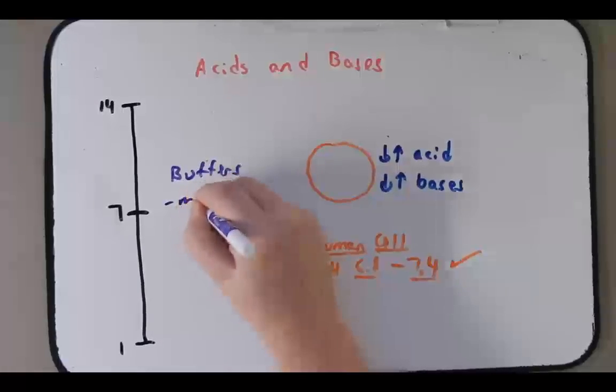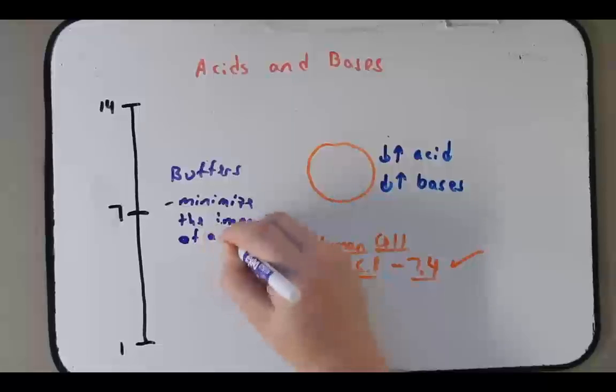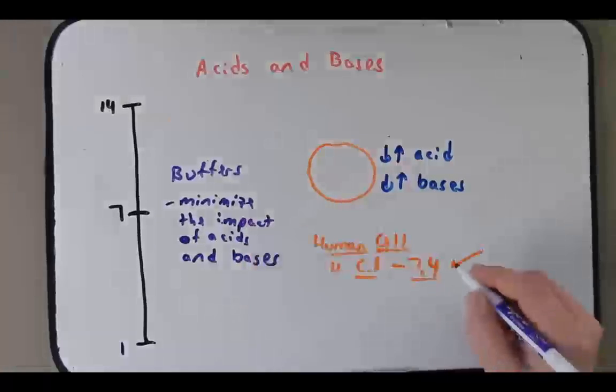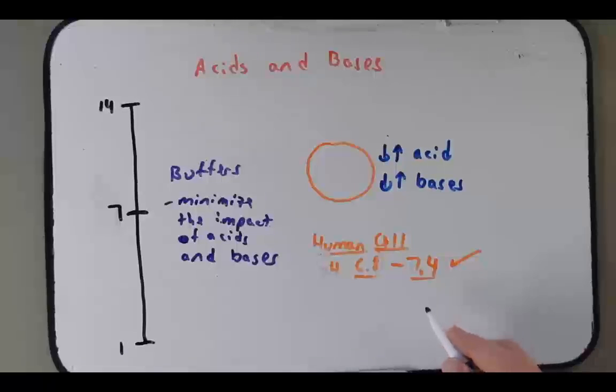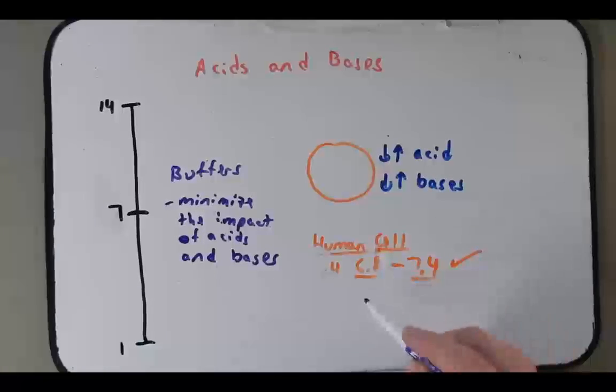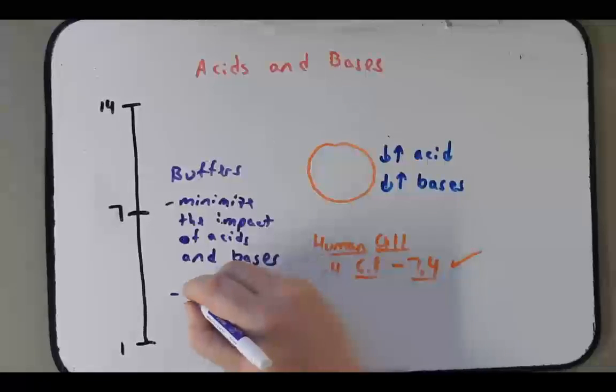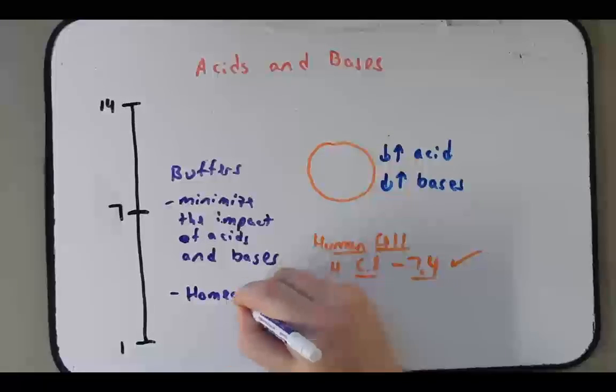Buffers minimize the impact of acids and bases. They allow this pH to remain within any given cell's normal range. Buffers play a big role in maintaining something we call homeostasis.